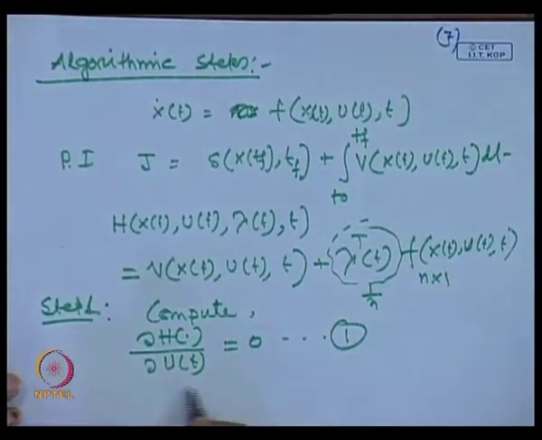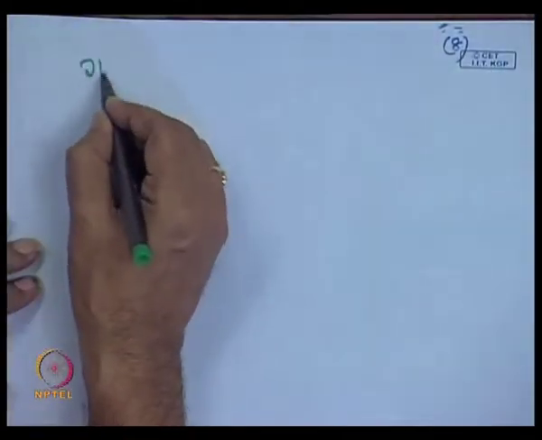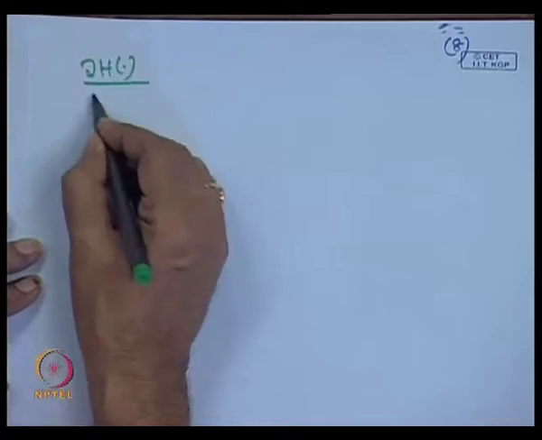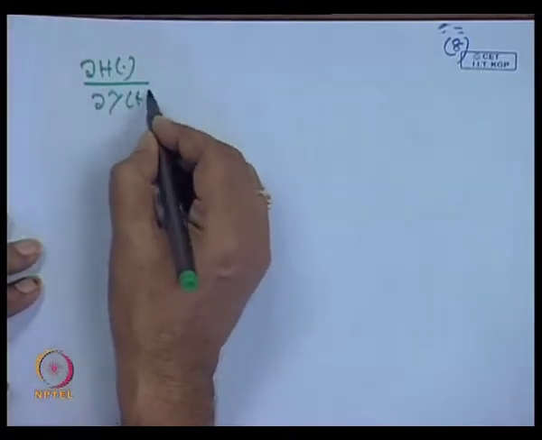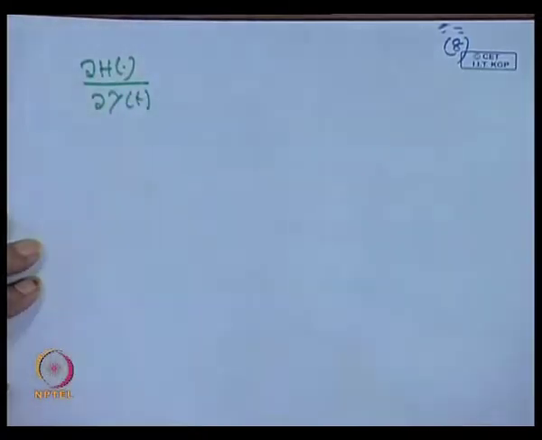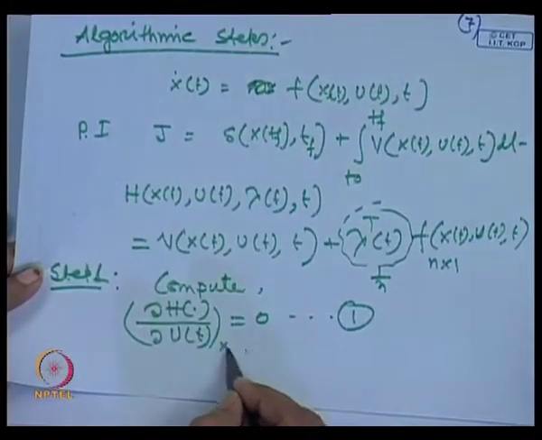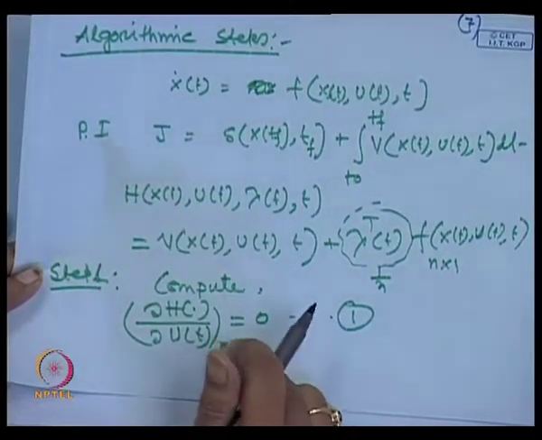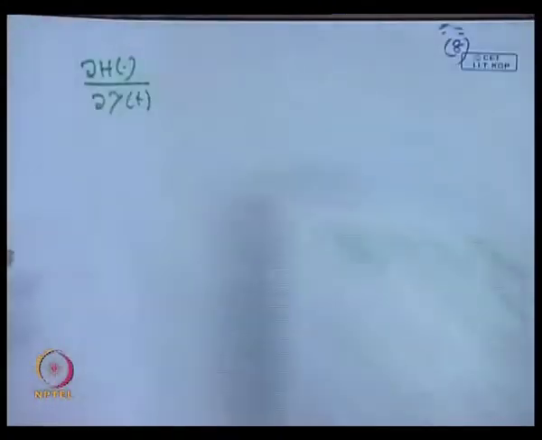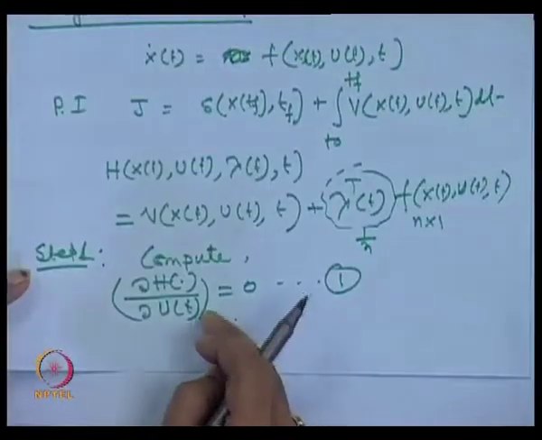Second, the state equation that we have written: del H del lambda of t. If you like, you can put a star, meaning the optimal solution you get, or you can omit the star, it does not matter, because you have to solve this equation.